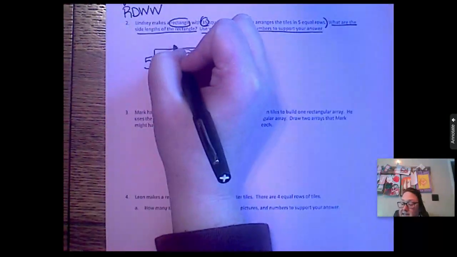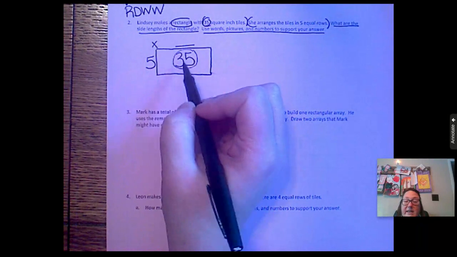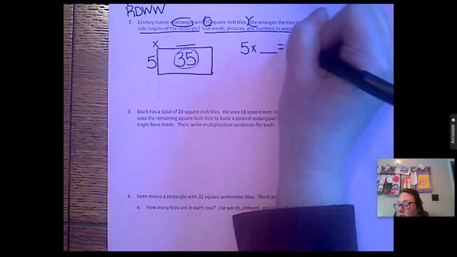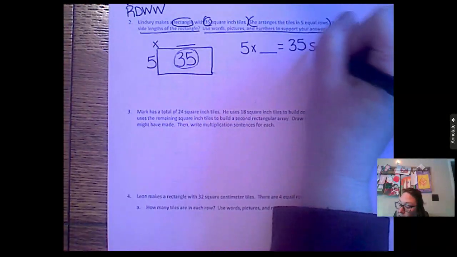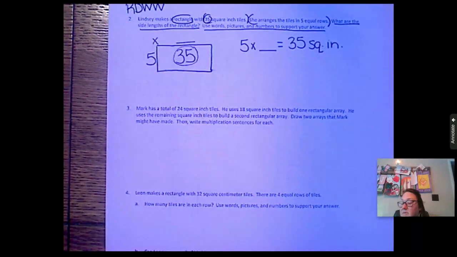We're trying to find this side length up here, right? That missing side length. So basically it's 5 times something equals 35, right? Let's rewrite that equation. 5 times blank equals 35. And it's area, so 35 square inches. So 5 times what equals 35?